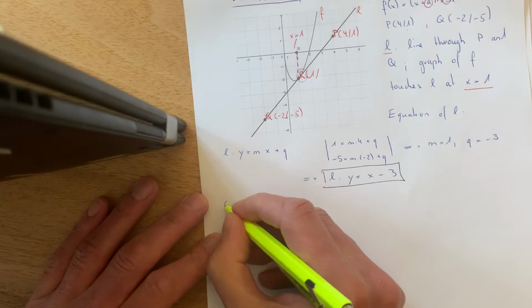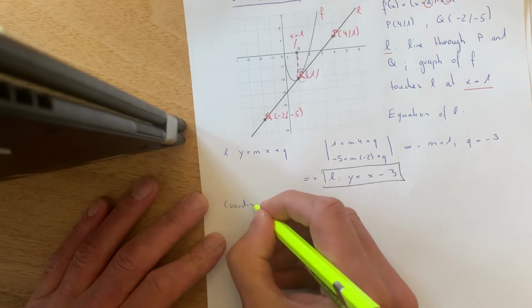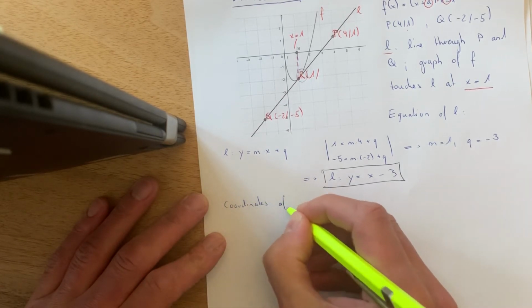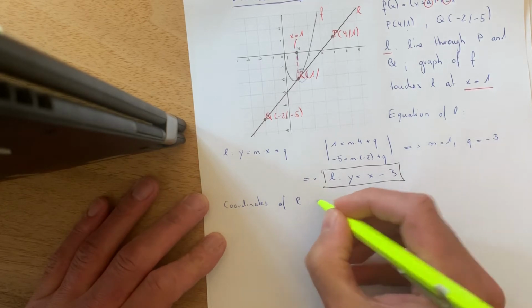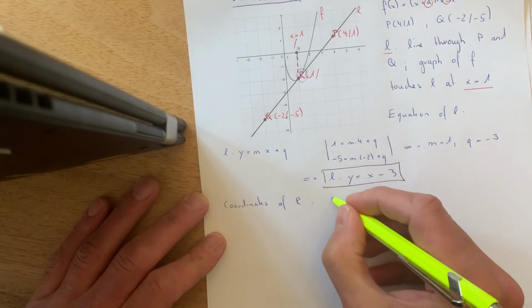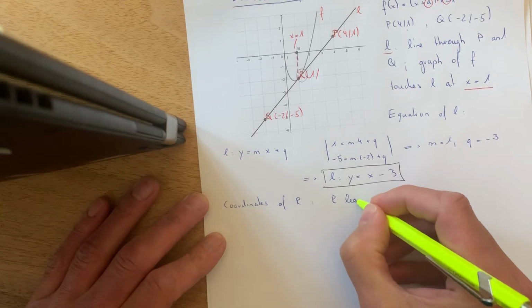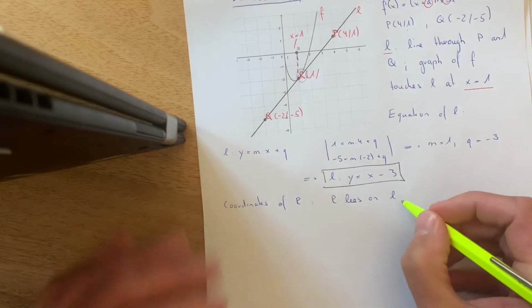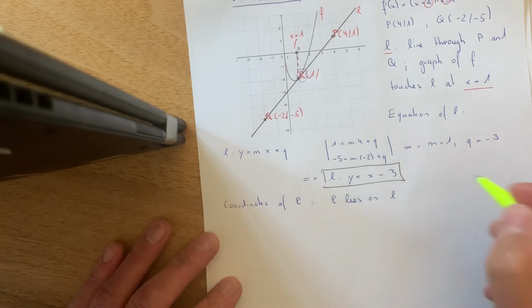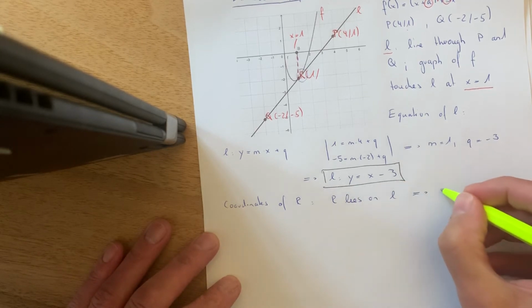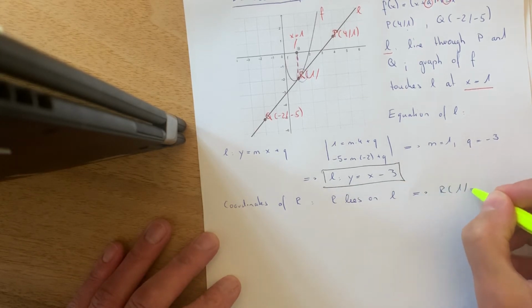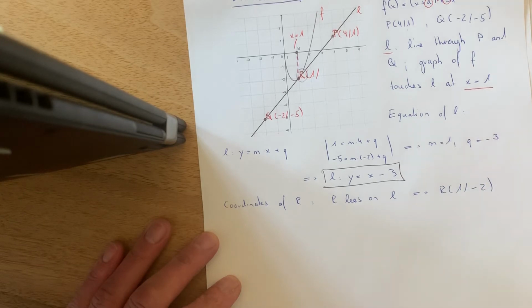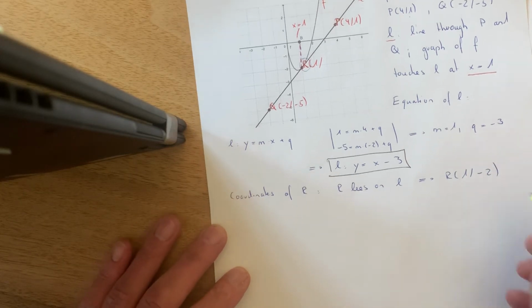So we can calculate the coordinates of R, because what do we know? We know that R lies on L. So we can calculate the y-coordinate by plugging 1 into the function equation, leading to R has coordinates 1, -2. Okay, so this is R.